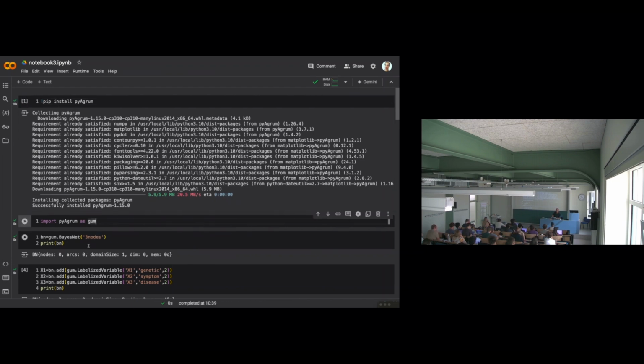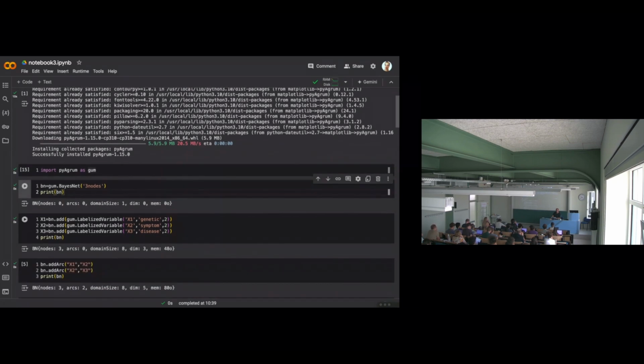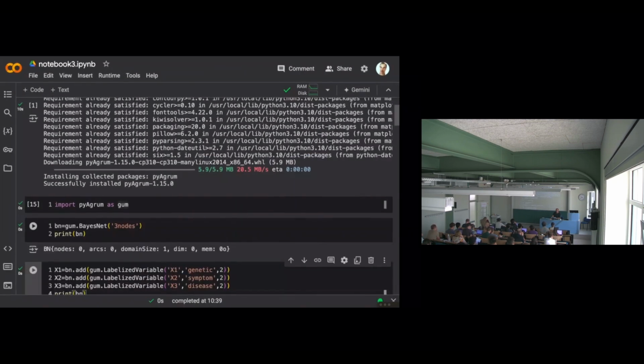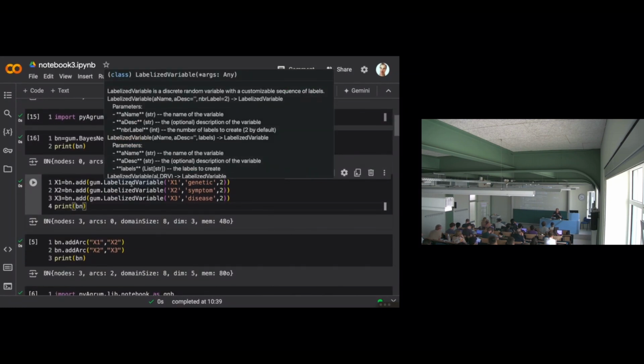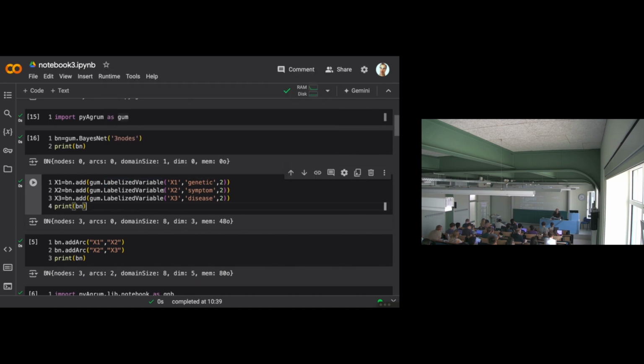Okay, just let me show you. This is basically what one would expect from a library. Let's say that we wanted to create a Bayesian network from scratch. First step, the variables. The variables are the basic ingredient. Here I have 3 variables.